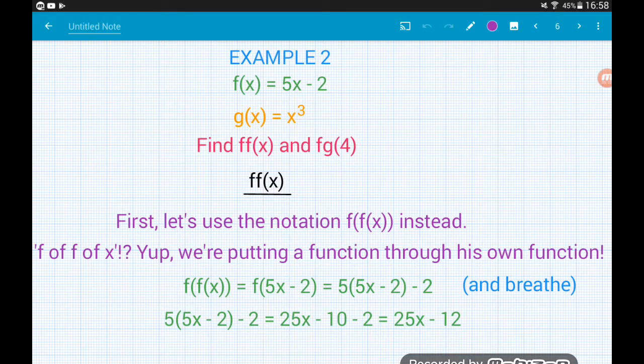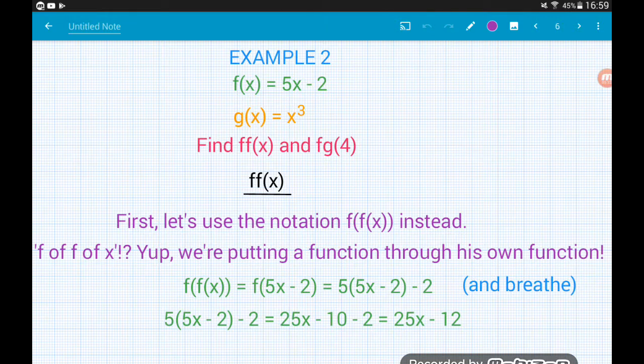So f of f of x, which I know sounds absolutely ridiculous. In f of x, everywhere that we've got an x, it's going to become the f of x function. So f of f of x is f of 5x minus 2. The x in the right hand part of f of x is going to become 5x minus 2.